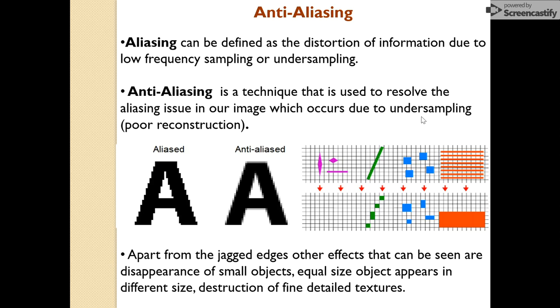There's a figure where we are able to see some steps, which doesn't look good. To remove this issue, in order to smoothen the image, we use the anti-aliasing effect. It's nothing but resolving the aliasing.